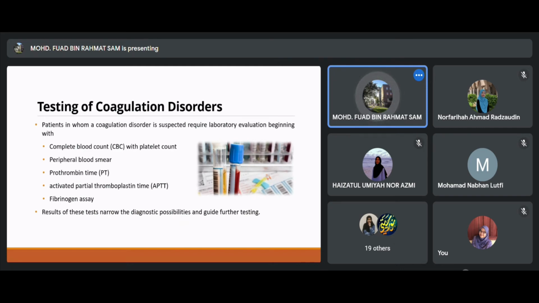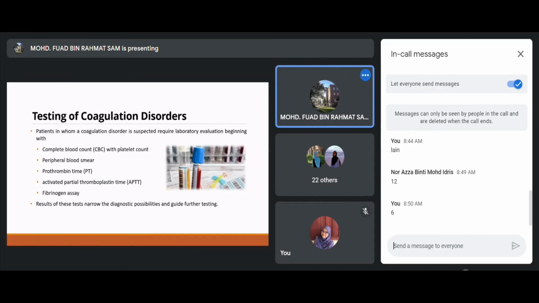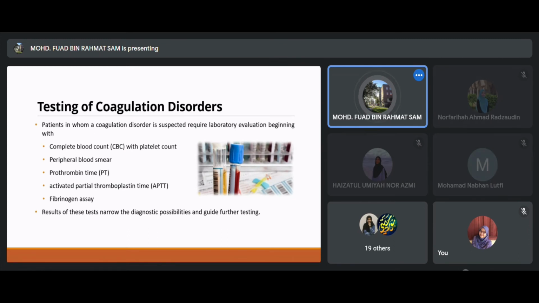Kita buat smear. Smear, I think today saya rasa after Zuhur ada practical session nak buat blood smear, right? Okay, betul.